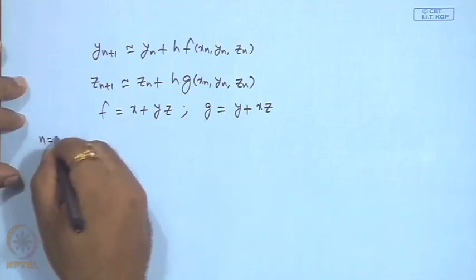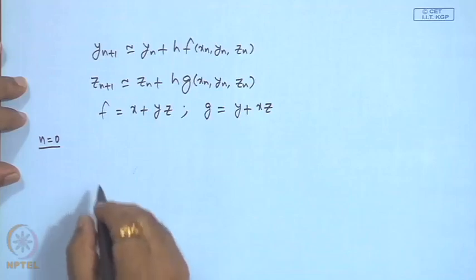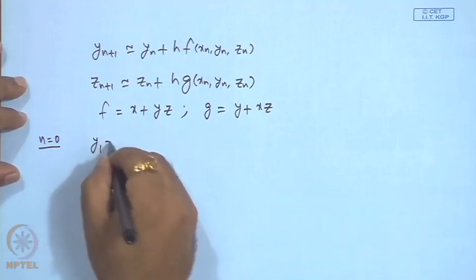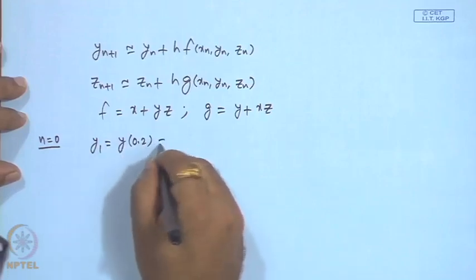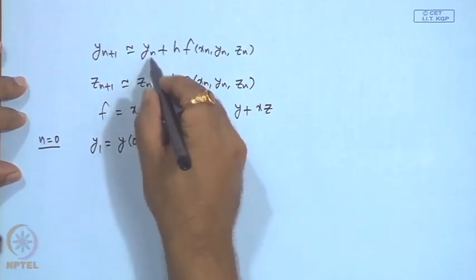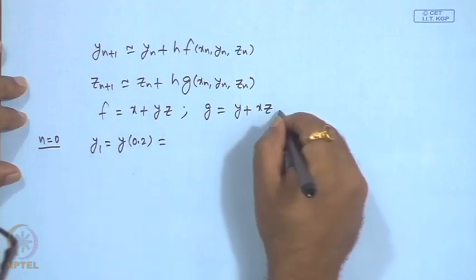Now let us compute y 1. Y 1 equals y of 0.2, which equals y 0 plus h times f of x 0, y 0, z 0. So, let us repeat all that.